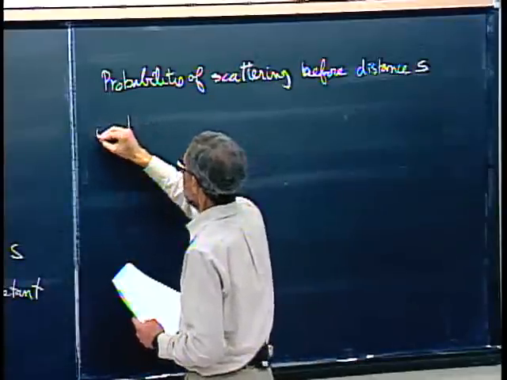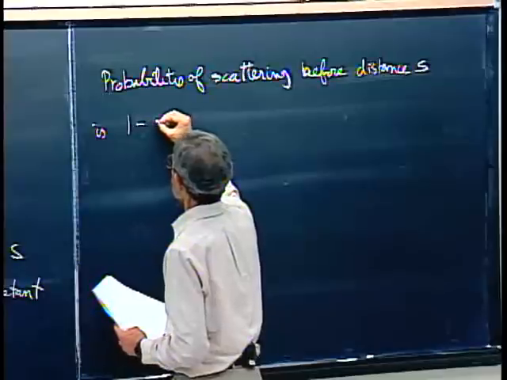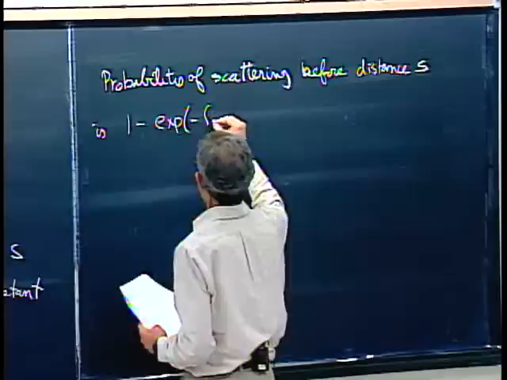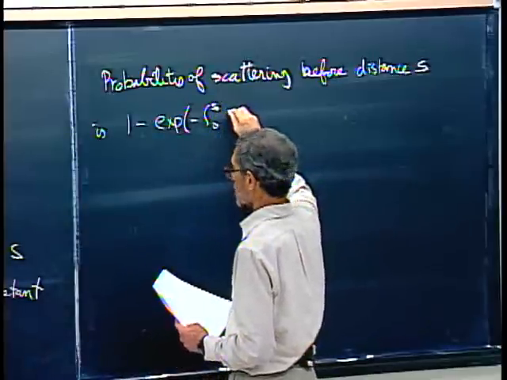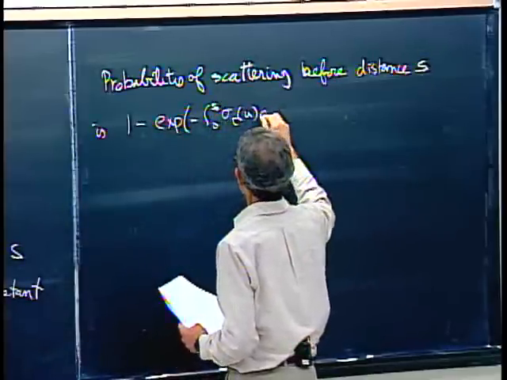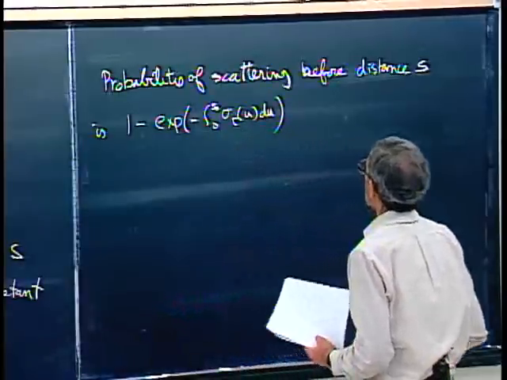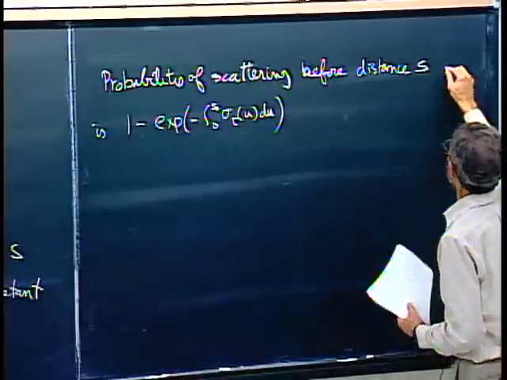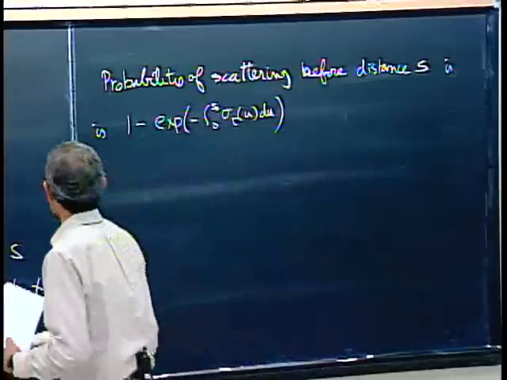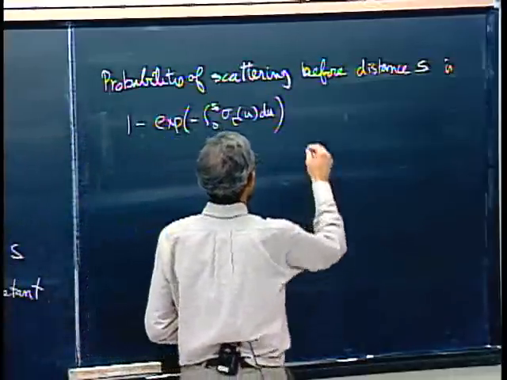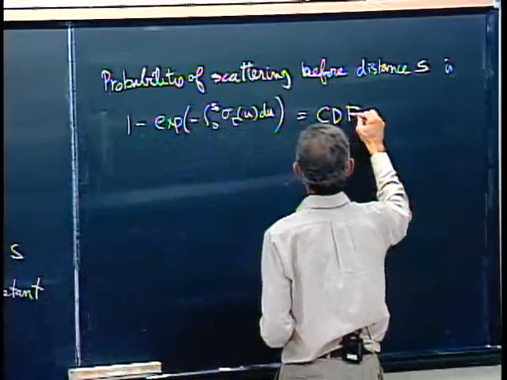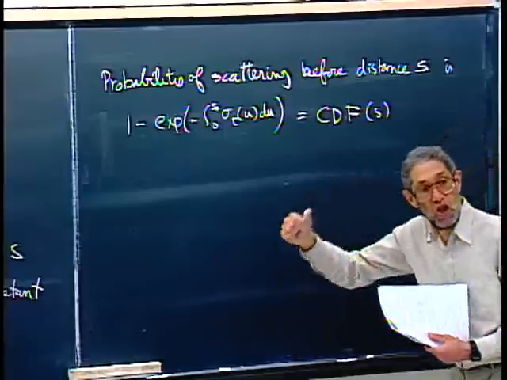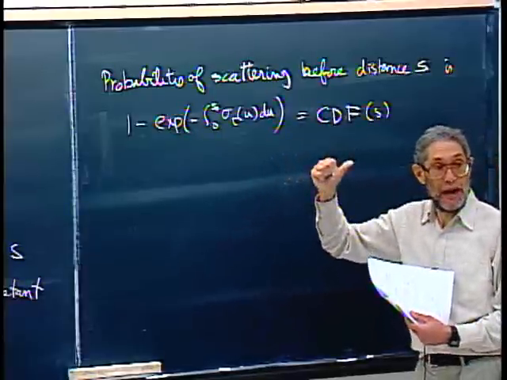It's 1 minus this integral. So this thing is actually the cumulative distribution function up to s of the probability of scattering, right? Because it's all the probabilities of scattering up to s.